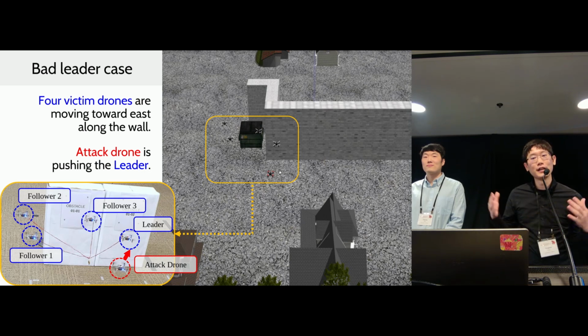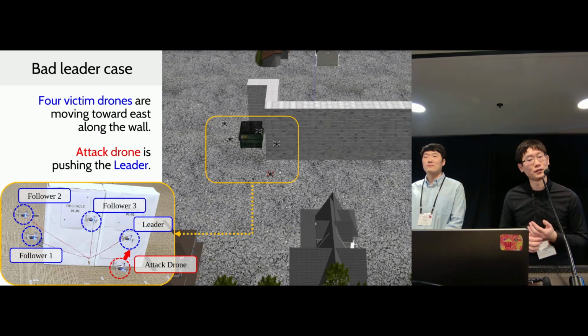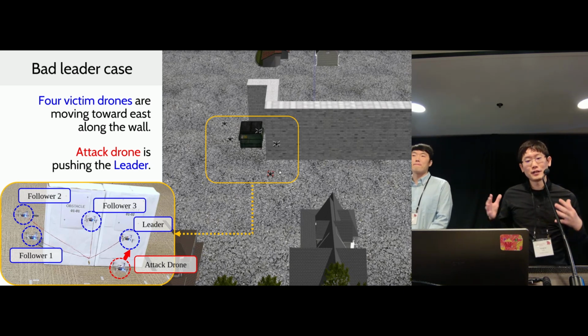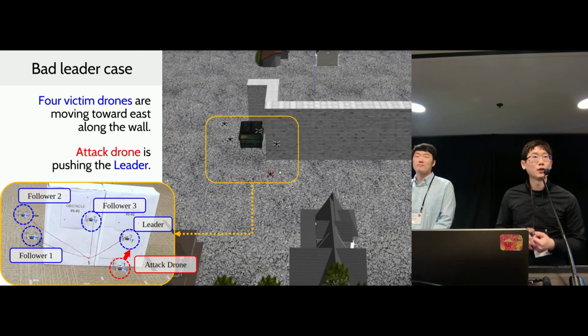For example, if we have a swarm of even 10 drones, and we can wreck their missions with only one attack drone, that would be really nice. With more, we test more and find more attacks, and it's much easier. But we want to show that even with only one, we can find a lot of flaws.